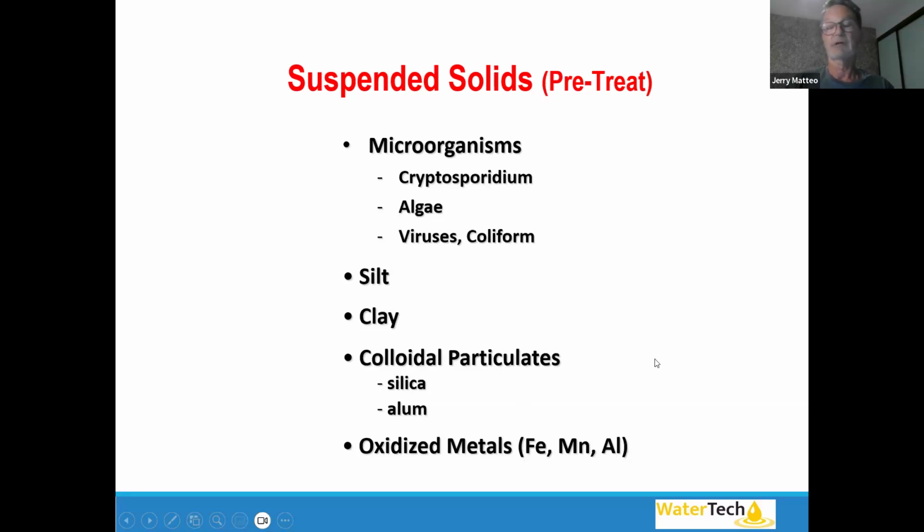Iron and manganese. I'm pretty sure you're familiar with those because, depending on if your raw water source is wells, there's typically iron and manganese in there, or even surface water. They are typically dissolved in nature, but they oxidize pretty quickly in your treatment plant. So those would all be suspended.